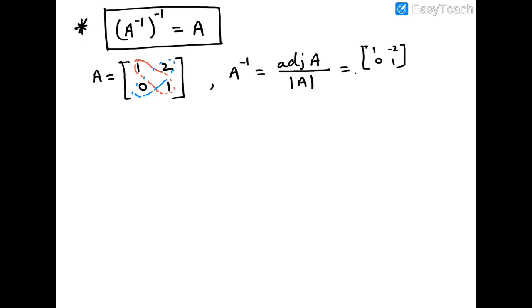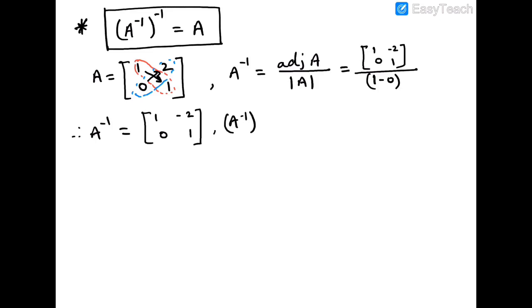We will get 1, minus 2, 0, 1, and its determinant is 1 minus 0, that is 1. Therefore A inverse is equal to 1, minus 2, 0, 1.